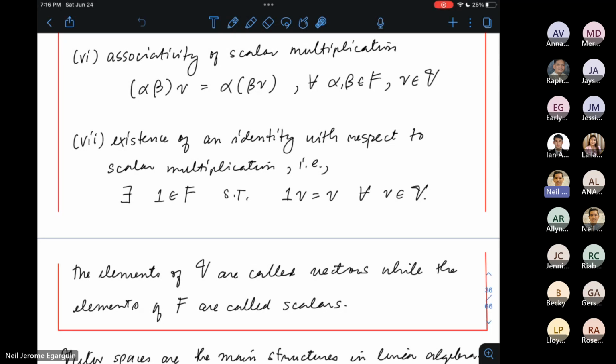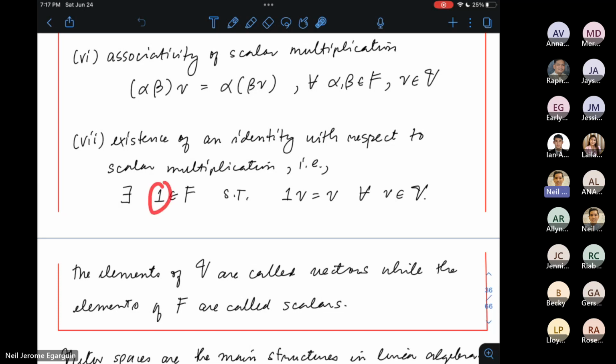Now, just a matter of abuse of notation here, I hope you are already getting the hang of it, that this one is not necessarily the number one that we know. One is an element of a field capital F, right? But this one is not necessarily the unity in F. It is not necessarily the multiplicative identity of the field F. But I think we can prove that, or that's almost always the case.